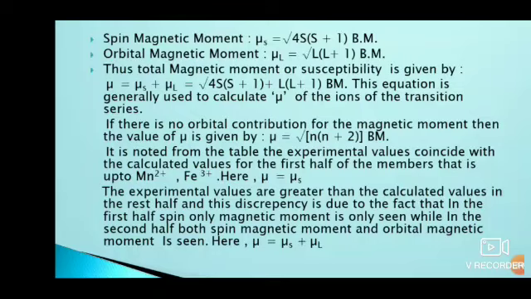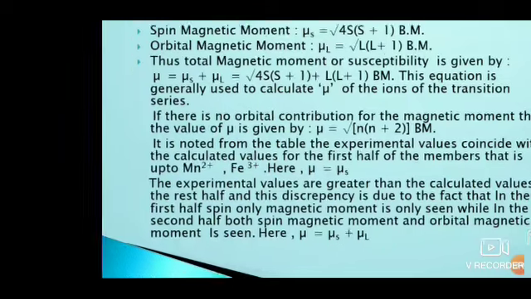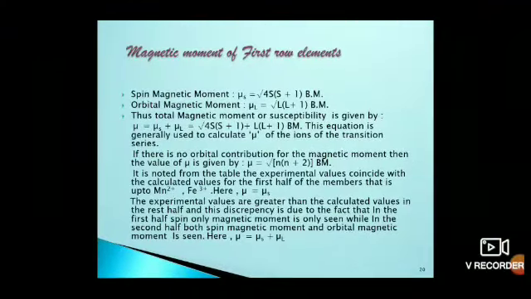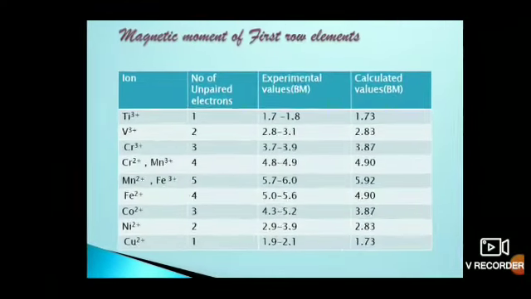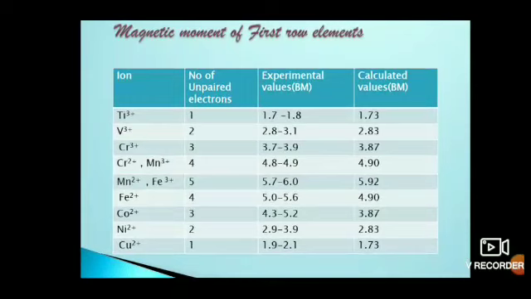So that means in the first half, that is up to manganese and iron, because the experimental values are similar to the calculated values, only the spin only magnetic moment is present and the orbital magnetic moment is quenched.